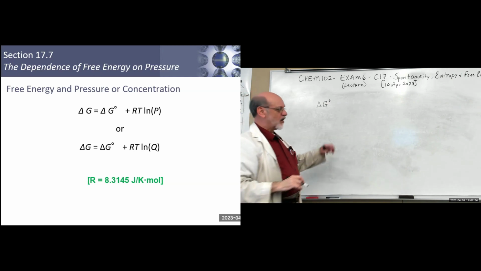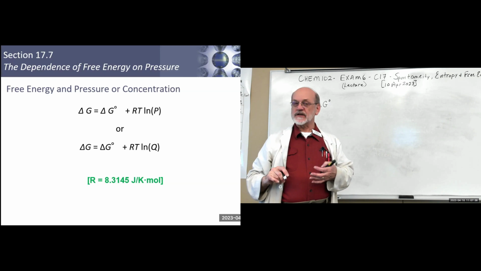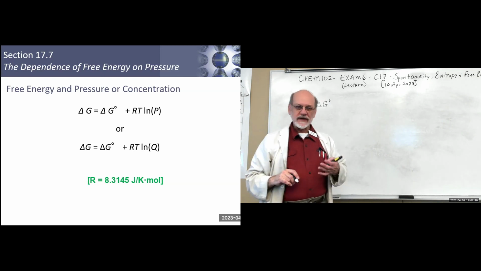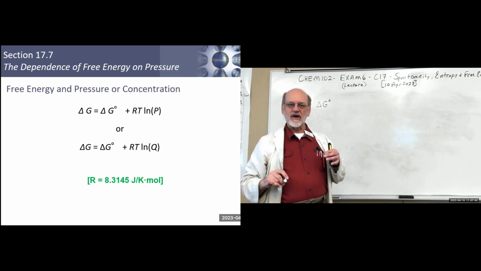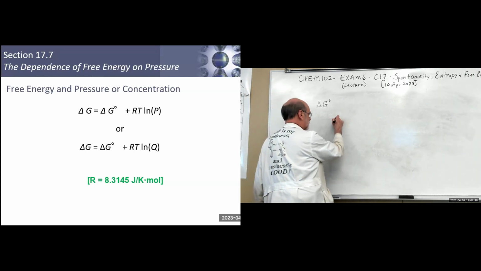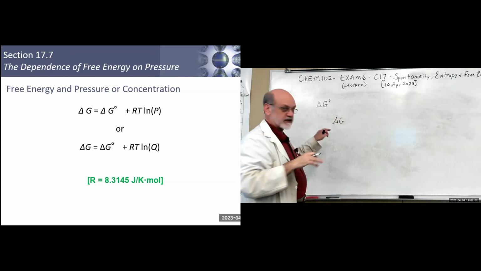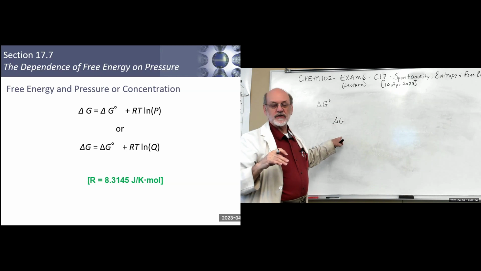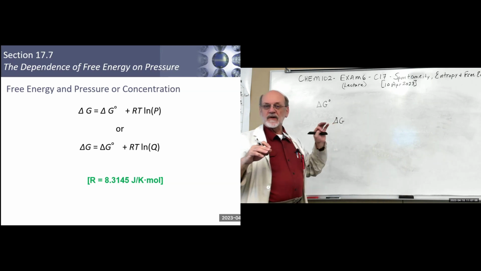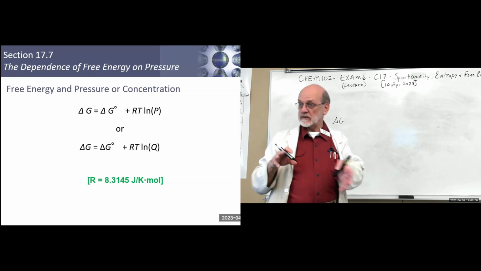But all reactions don't occur at those standard conditions of temperature and pressure. So what we need to do is get a handle on what's the relationship between the actual delta G of the reaction under the current conditions and other things like partial pressure or Q.